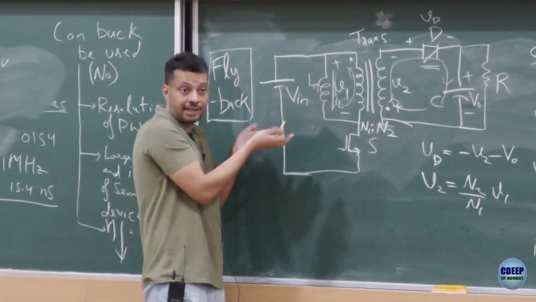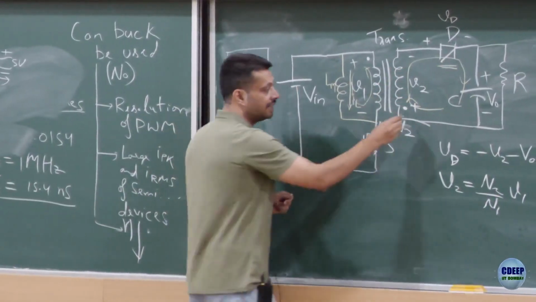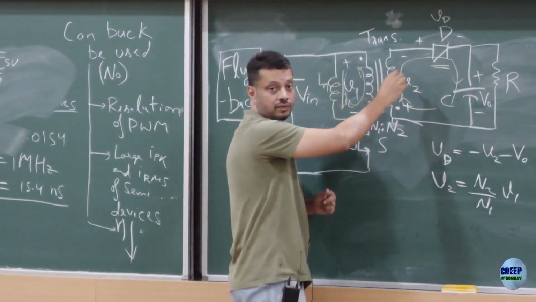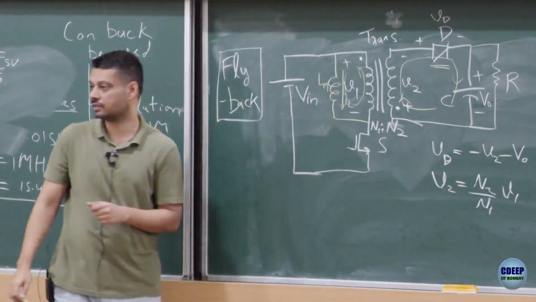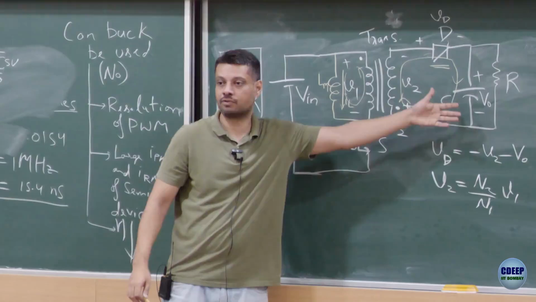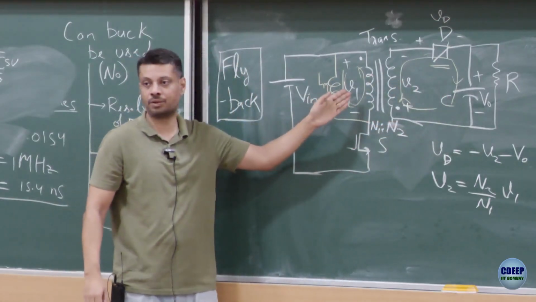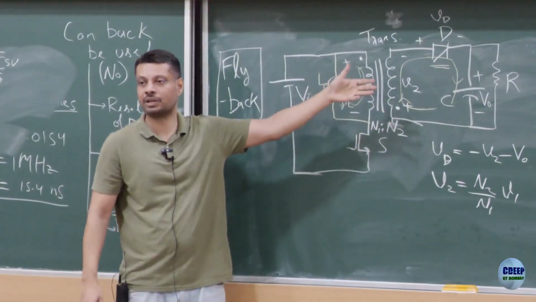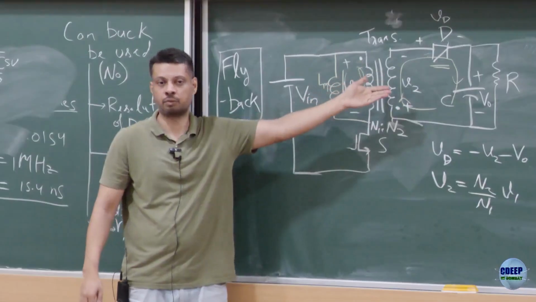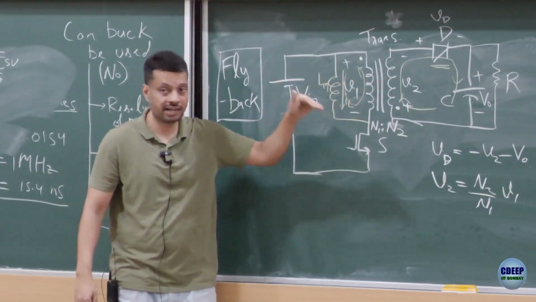That means for that to happen, the current must enter the dot. If current is entering the dot, the only way is if the current is flowing in this direction. That means the diode is forward biased. If diode is forward biased, V2 equals minus V0. Reflected with the turns ratio, V1 will be equal to minus N1 by N2 times the output voltage, and therefore V1 would be negative, and therefore this current will start reducing.